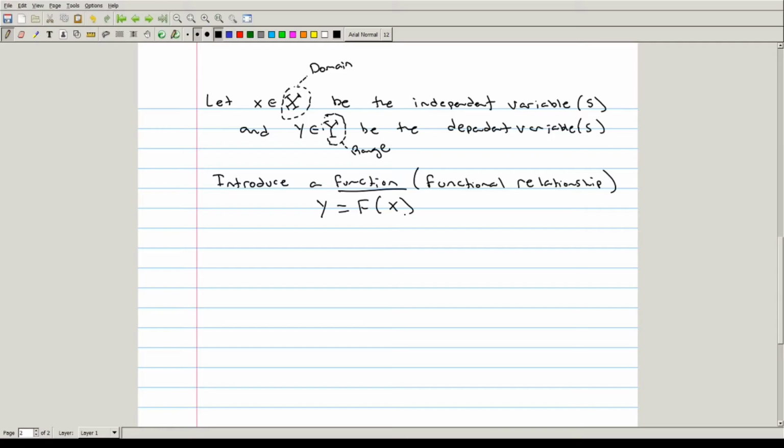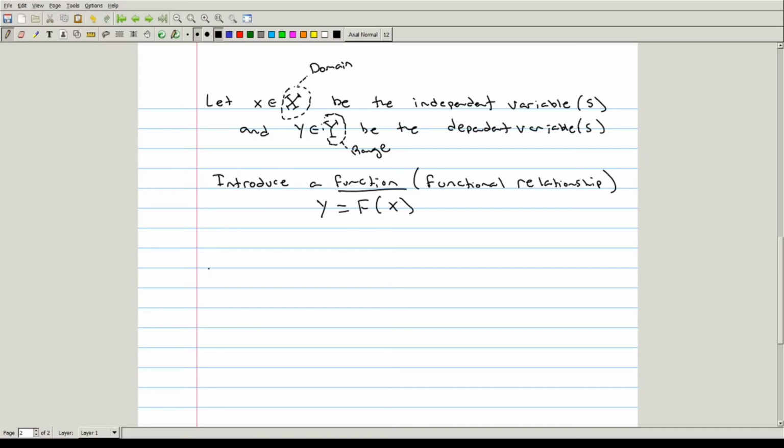It could be a vector, it could be a tensor, it could be a scalar, and same thing with y. Depending on what these relative quantities are, we get different types of mappings. If both of them are tensors, then it's relatively complicated. But if both of them are scalars, then we're in the realm of single variable calculus.